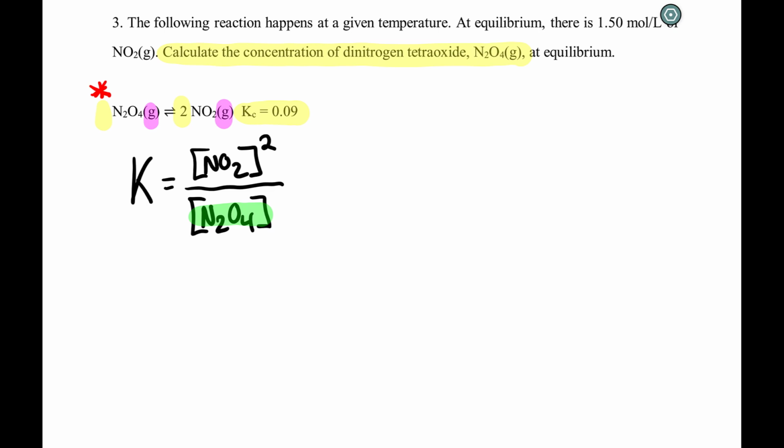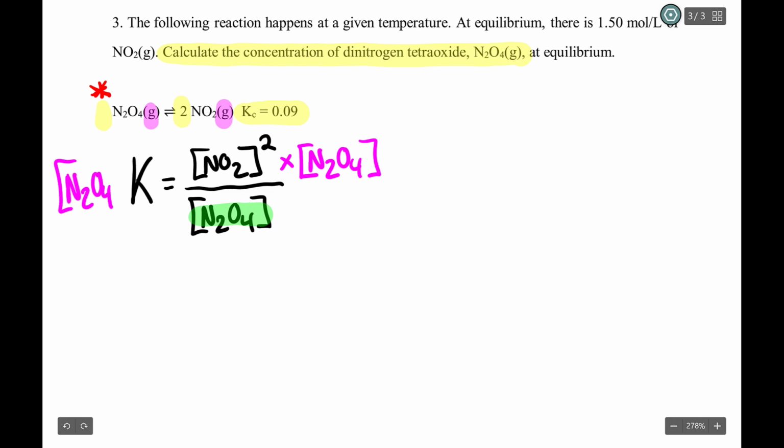Okay, now that you've had a chance to do that, let's move it up to the other side by opposite operation, which of course will be multiplication. Because it's being divided, I have to multiply it up to the other side, so N2O4 on this side. That's going to cancel this out. But now my issue is I need to get K to the other side.